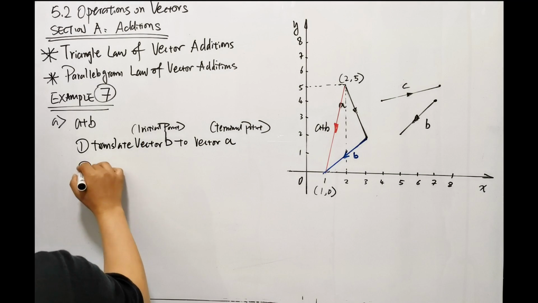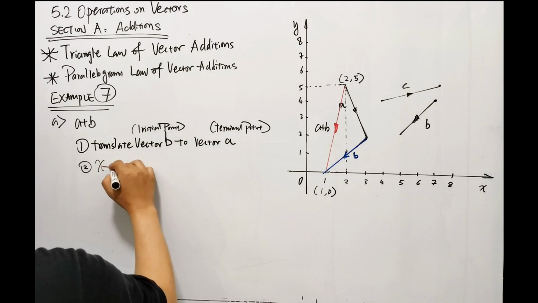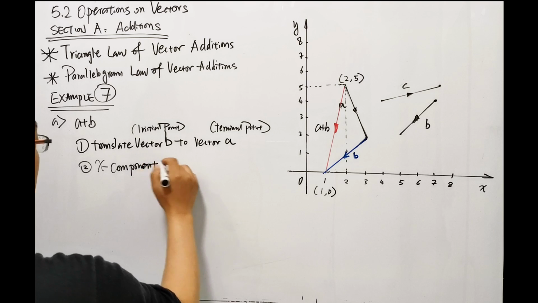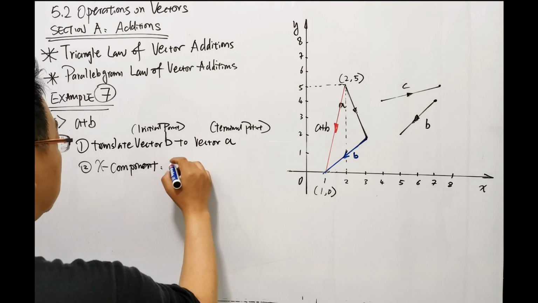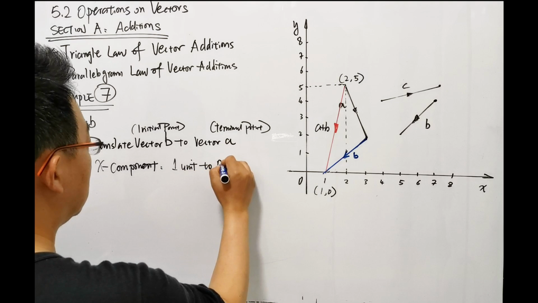Now the second step. In the x component, it is one unit to the right.